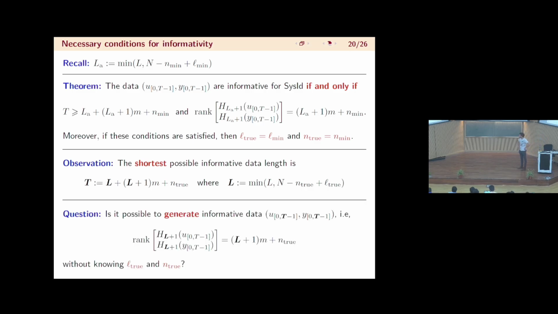But now the very important question is, is it even possible to generate informative data of length exactly this lower bound? Can I design my inputs in such a way that I achieve an experiment which is informative for system identification with exactly this lower bound number of samples?